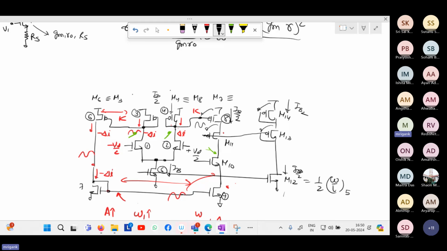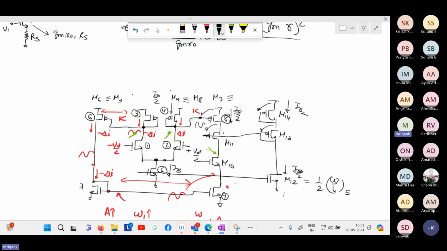Likewise, how will we create the bias for M10? Yes, M10. So from M6, we can take another line and then we connect it to the NMOS, diode connect the NMOS, and then put another diode connected on the top and then connect it to the M10.